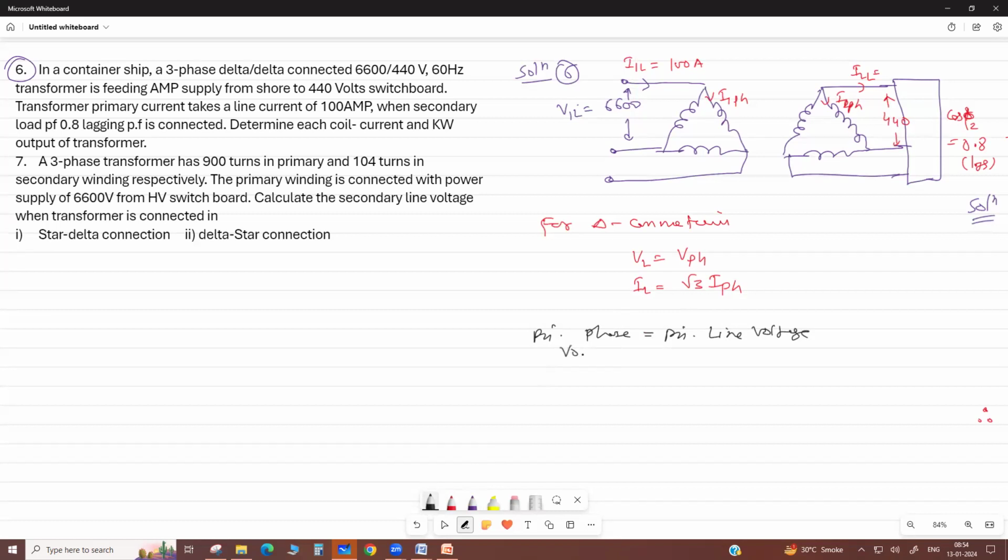That is V1 phase is 6600. Okay, then similarly secondary phase voltage, वो भी डेल्टा साइड है, यहाँ पर भी V2 phase is your 440. ओके, अगर ये स्टार होता तो रूट 3 से डिवाइड कर देते हैं.